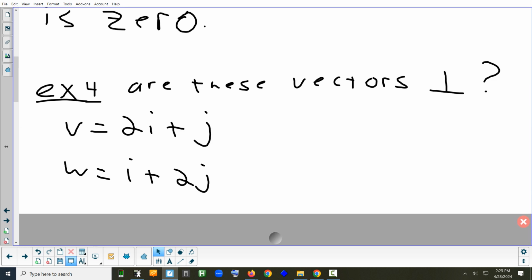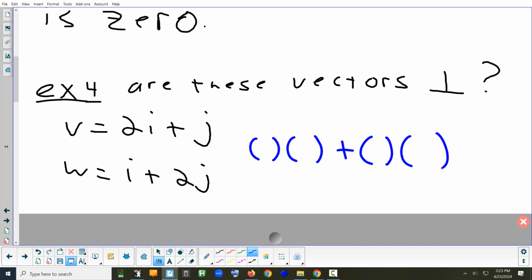All right, so let's check these two vectors. 2i plus j and i plus 2j. Let's find the dot product. What are the first two numbers you would multiply? There's a 1 here if you want to put it. 2 times 1.